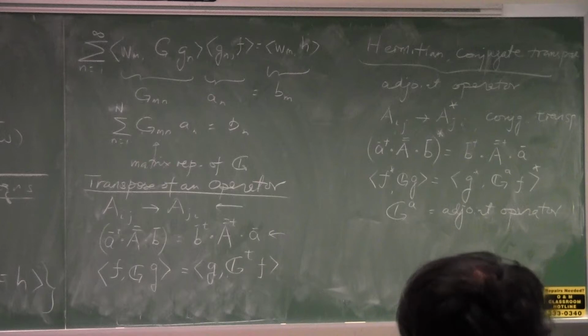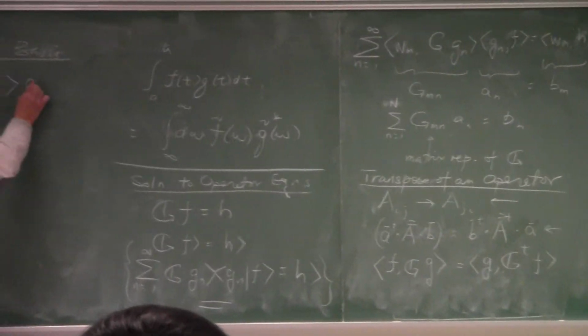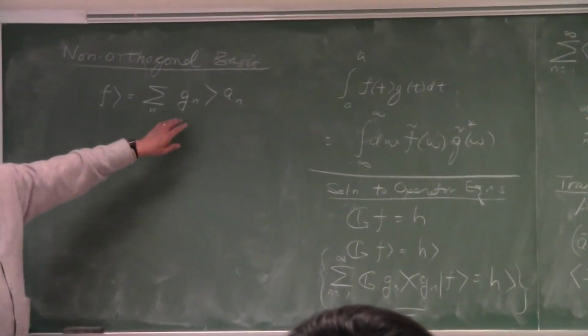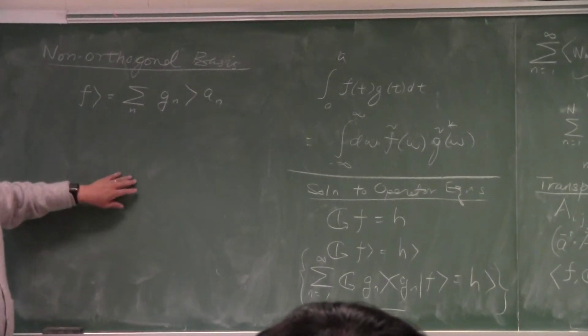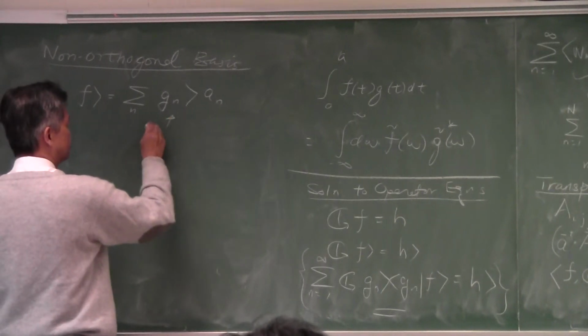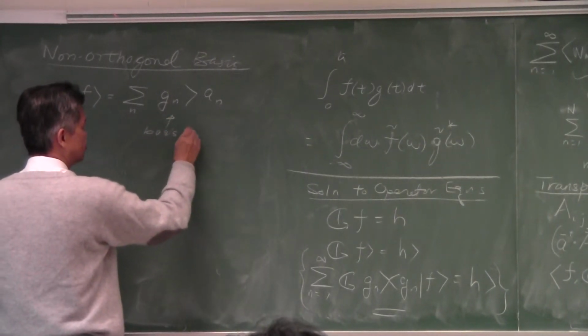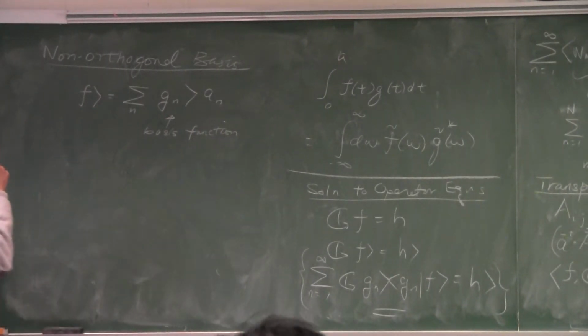Okay? So let's assume that we have a vector function f that we can expand in terms of a basis. The basis function g sub n. I will call this the basis function. I think in the EM literature it's often confused.